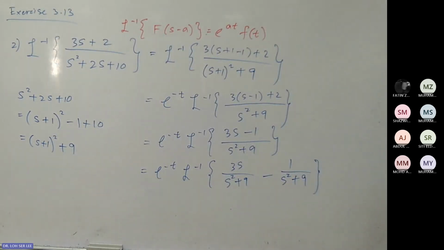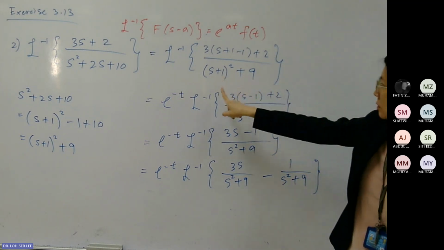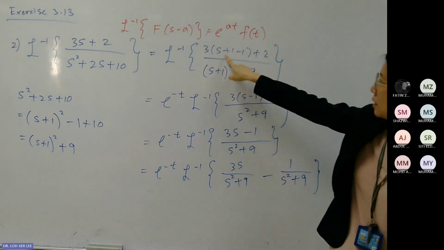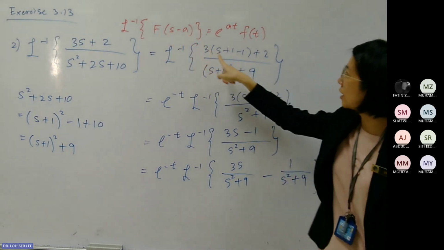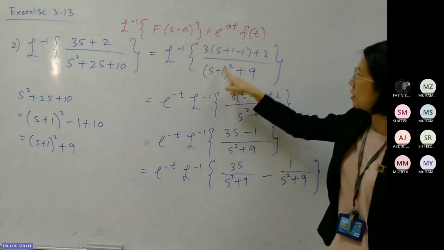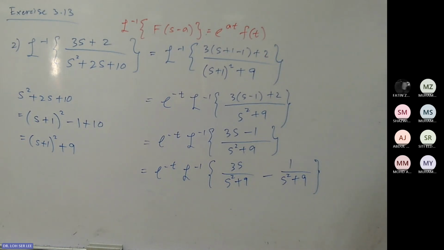So here a is -1. It is the one with s, the s minus a. All s must be in the same form of f of s minus a. So this formula, are we going to memorize it? No, the formula is given. It's just that you need to know when you have to use it.